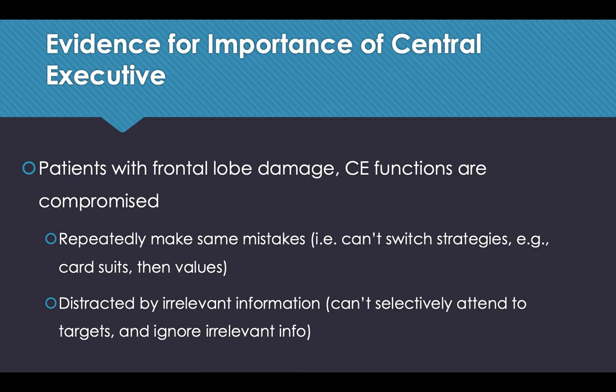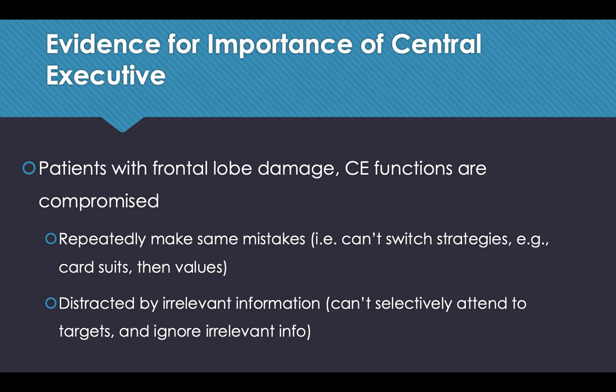So there's some concrete evidence that the central executive is very important in the working memory model. Patients with damage to their frontal lobe typically display compromised central executive functions. They will repeatedly make the same mistakes, or they struggle to switch strategies.